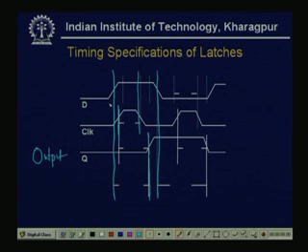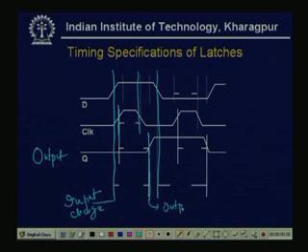So, now see for the latch, this is the input change and this is my output change, and this time difference we have defined as the propagation delay Tpd, because the time taken to affect the change of inputs to the change of outputs. So, this is my time.